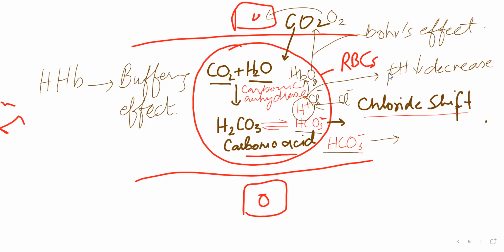Now, on the other hand, you can also see how the rest of the carbon dioxide is being traveled. 85% of the carbon dioxide is traveling in the blood plasma in the form of carbonates, and 5% of the carbon dioxide is moving in solution form in the plasma, and 10% of the carbon dioxide binds to the hemoglobin to form carbaminohemoglobin.